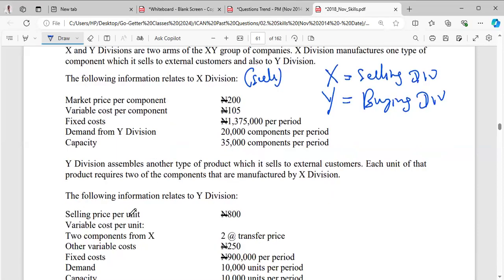Now, Y assembles another type of product which it sells to external customers. Each unit of that product requires two components that are manufactured by X. So we would say 2X is equal to 1Y.